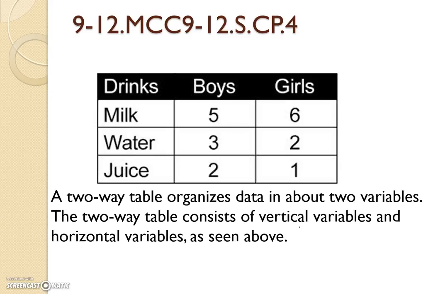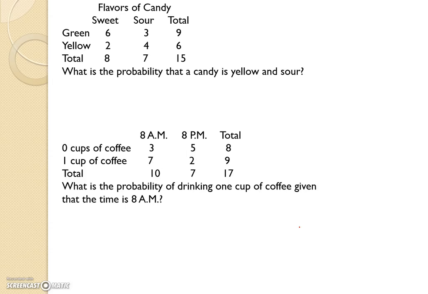Standard 4. A two-way table organizes data about two variables. The two-way table consists of vertical variables and horizontal variables as seen above. The flavors of candy are sweetened as green, yellow, sweet, sour, and the total. What is the probability that a candy is yellow and sour?